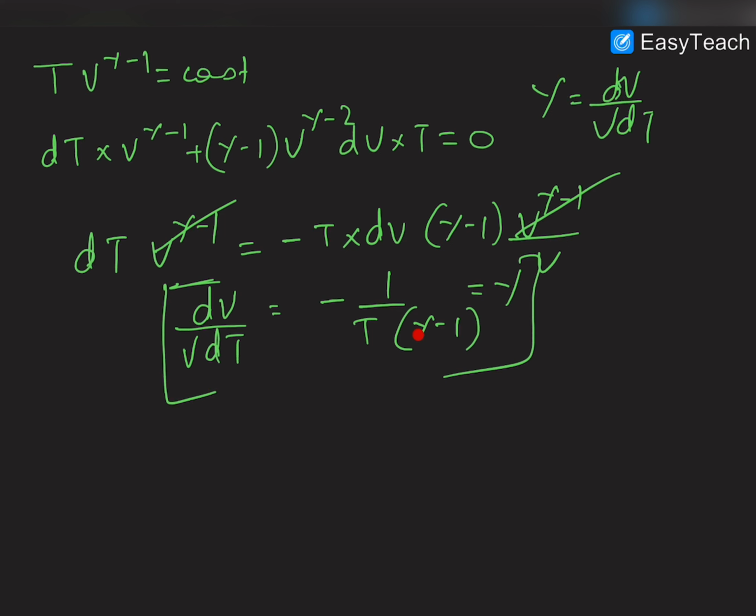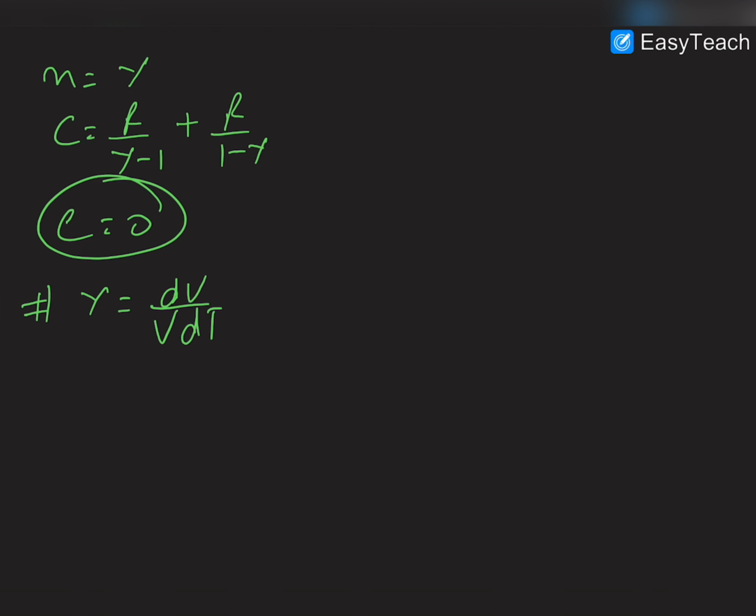This gamma is Cp by Cv, and this is the adiabatic volume expansion coefficient. So we can replace gamma by n, so it would be minus 1 upon T into n minus 1. This is the value of volumetric expansion coefficient for the polytropic process.